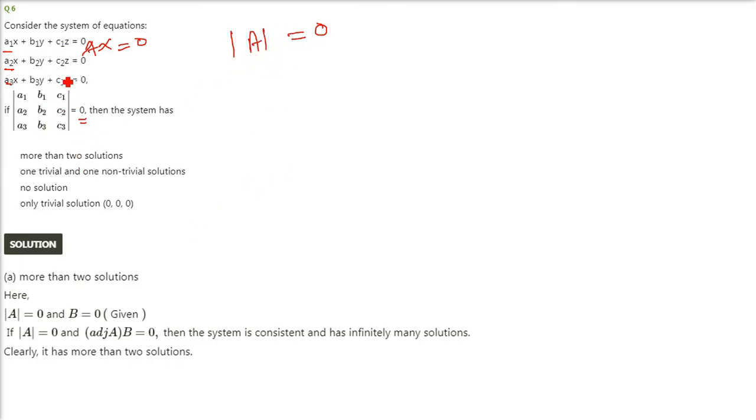Since B is also 0, that is 0, 0, 0 on the right hand side, and the determinant of A is also 0, which is given in the question, that means we have more than 2 solutions. That is the answer, because one trivial, one non-trivial is not possible. No solution, only trivial solution 0, 0, 0, that is not possible.